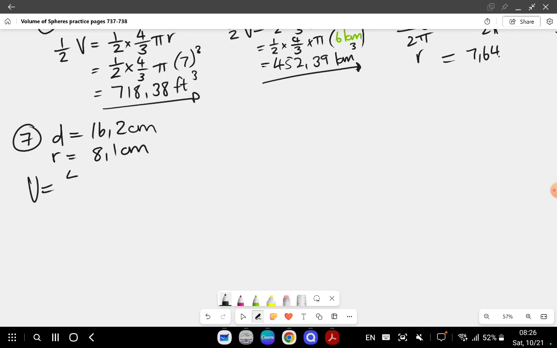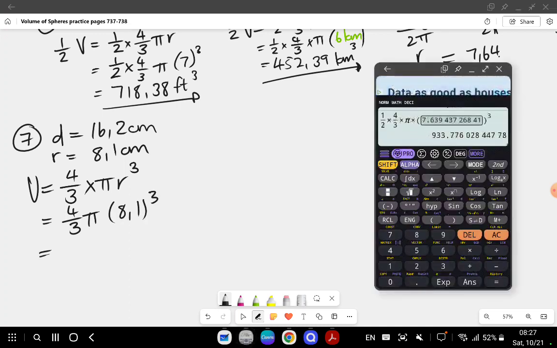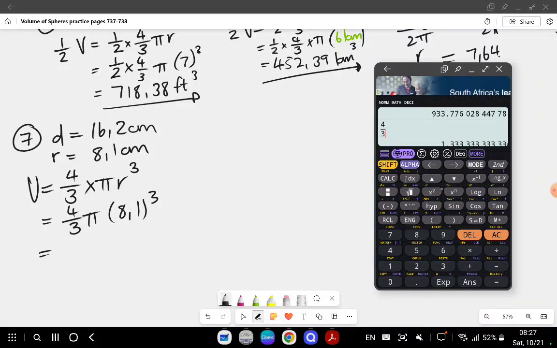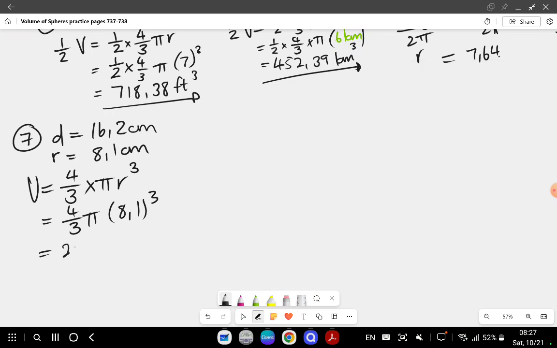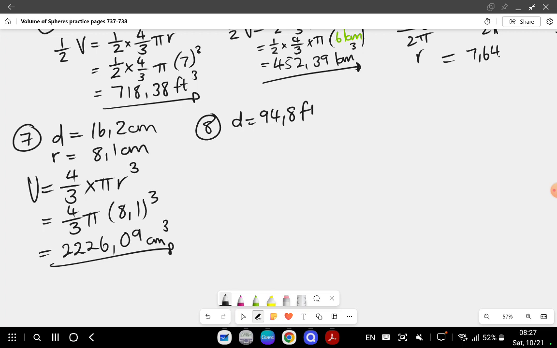Volume is equal to 4/3 times pi r cubed, which is 4/3 pi 8.1 cubed. 4/3 pi, open bracket, 8.1, close bracket, cubed. 6.09 centimeters cubed.